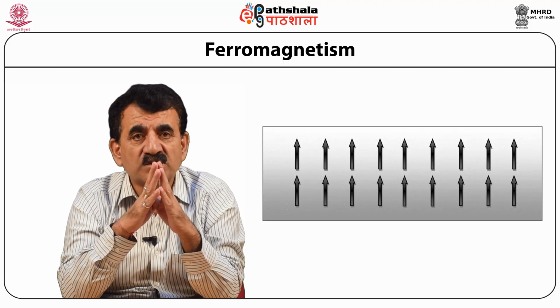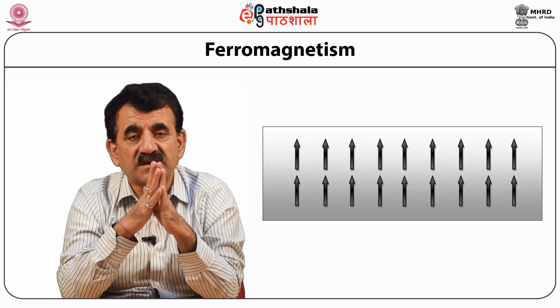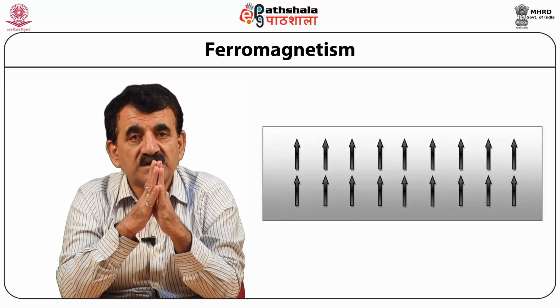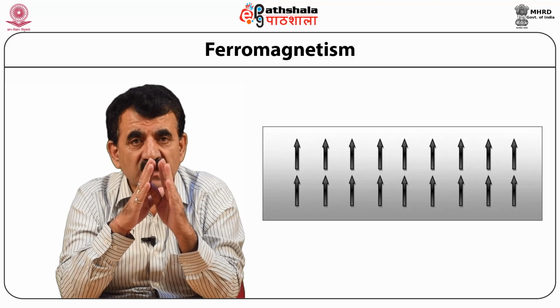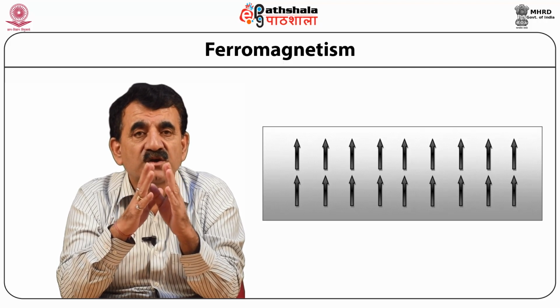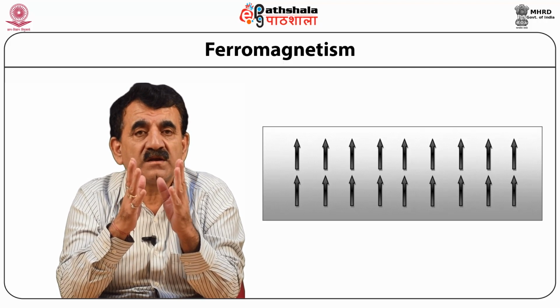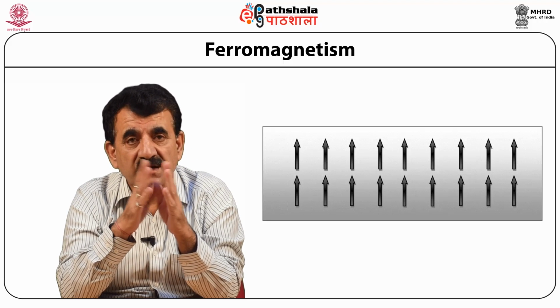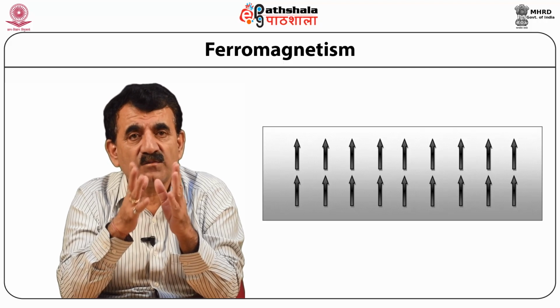Now let us talk about crystal field splitting. This is also important in the context of ferromagnetism, because it is the field which is responsible for the quenching of orbital angular momentum and the magnetic moment of angular momentum.